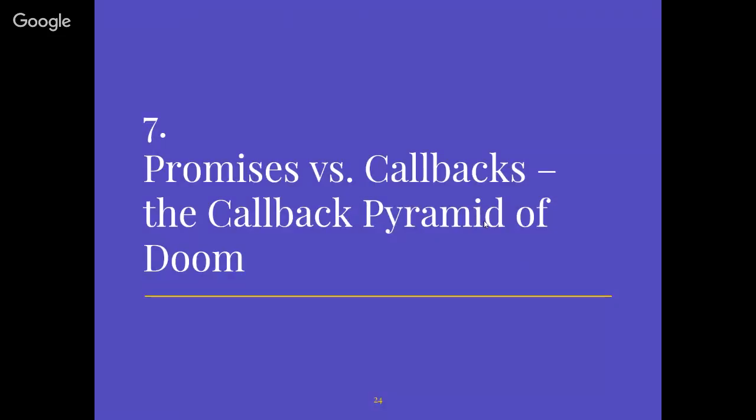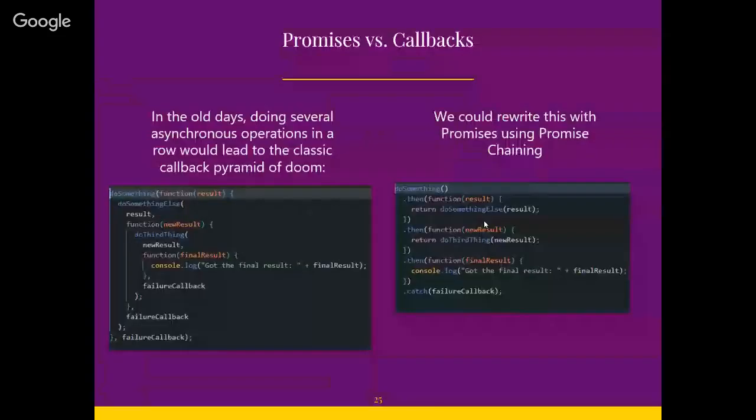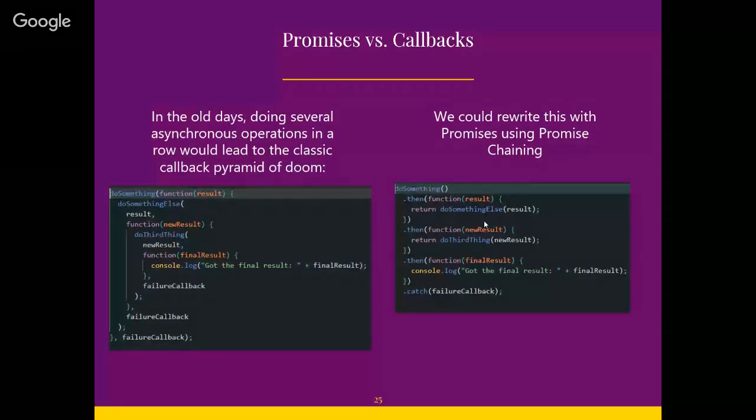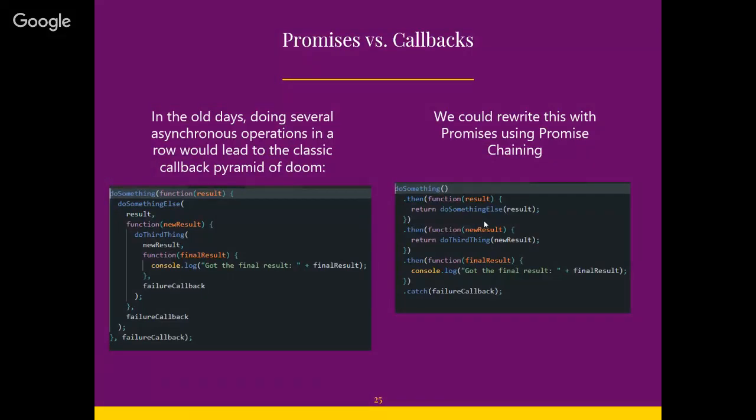Now let's see what the world was like before we had promises at our disposal. Before, when we had to execute some kind of asynchronous operation, we would use callback functions. Callbacks, as you probably know, are functions that we pass into other functions. Once the main function executes completely, it calls the callback that we have provided.